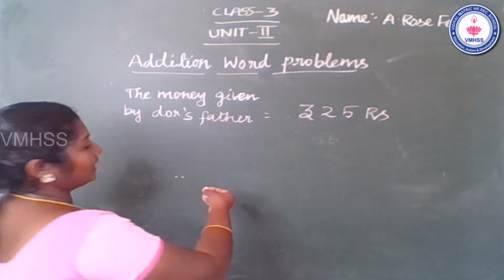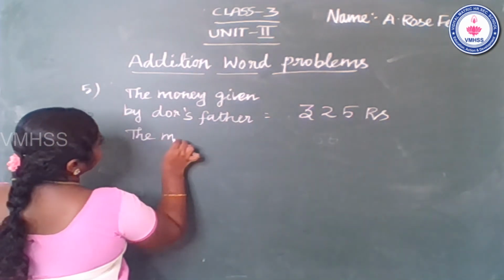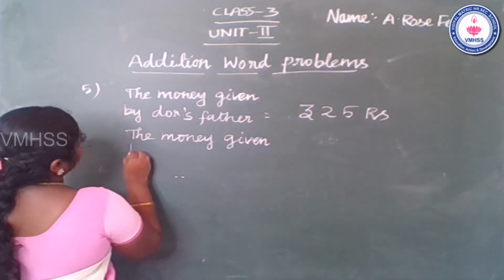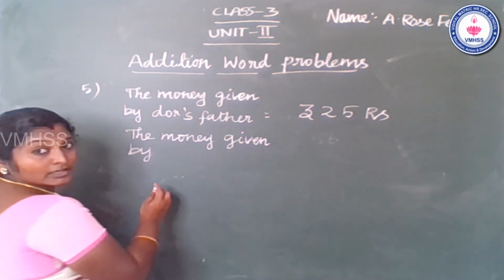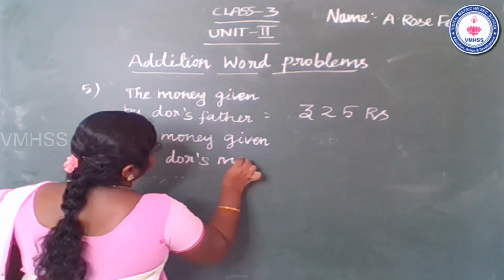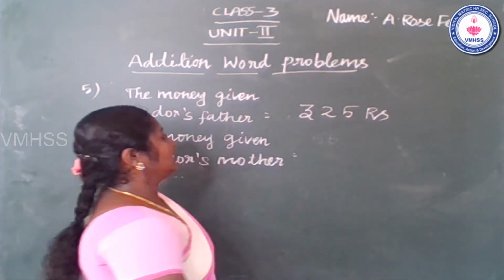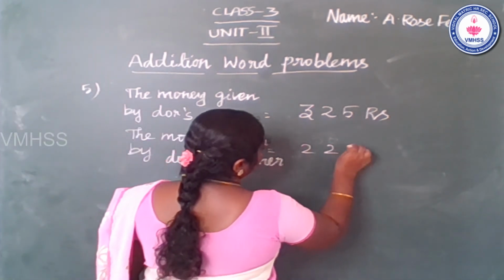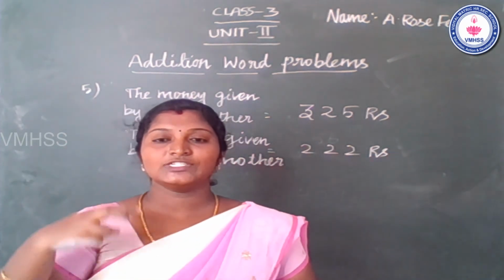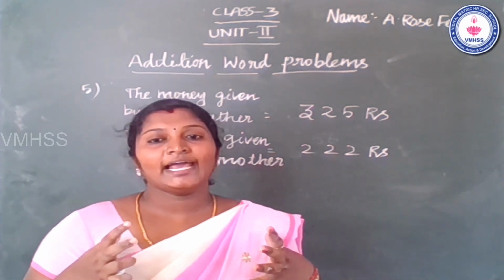So the money given by Dora's mother. How many rupees? Very good, 222 rupees. Read the last two lines. What is the question? How much money does she have now?